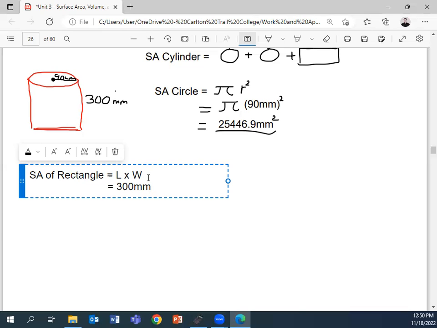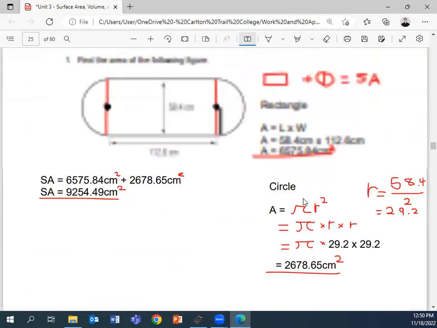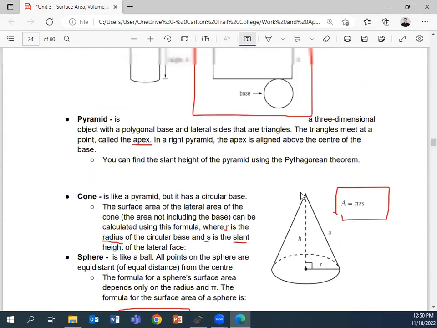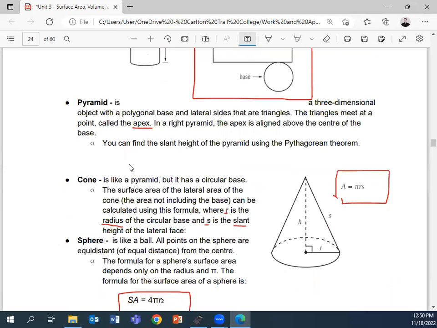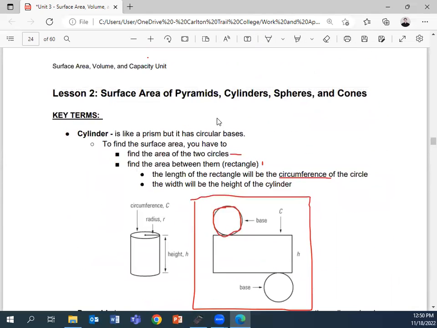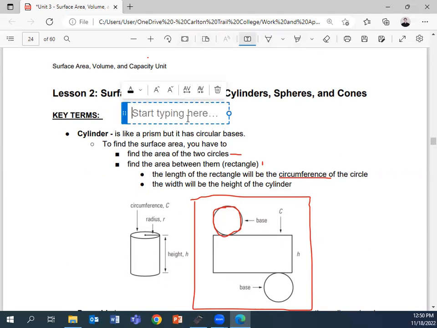So I'm about to give you a brand new formula, and I want you to go up to page 23 again. The width of the rectangle will be the circumference of the circle.